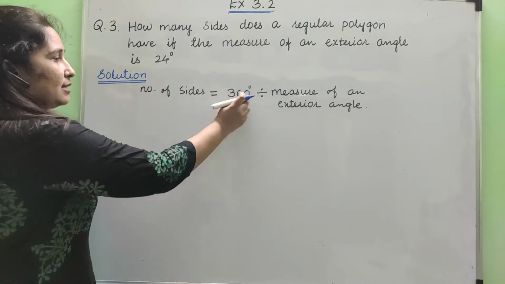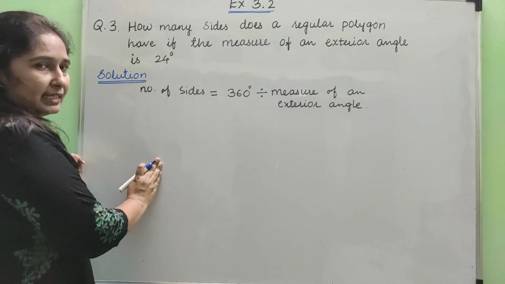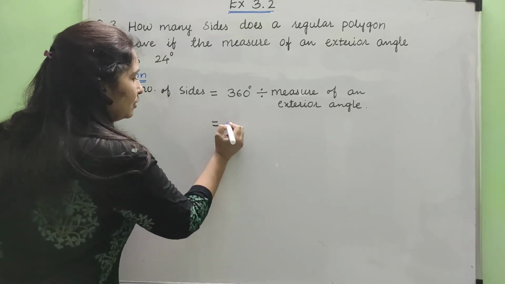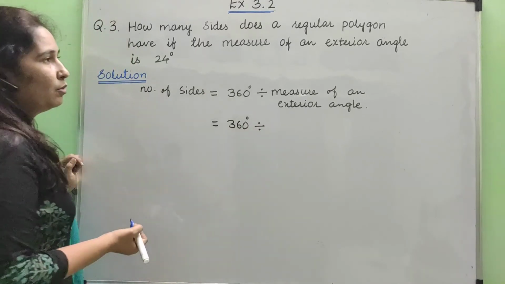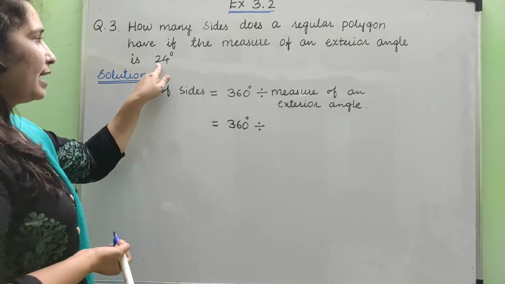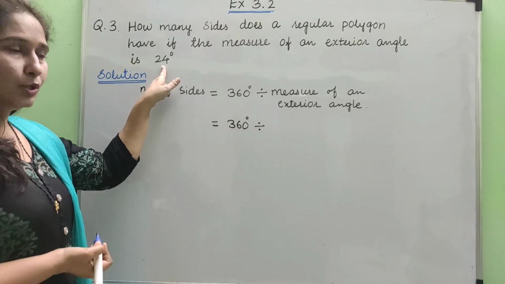So number of sides is equal to 360 degrees divided by measure of exterior angle. What is the measure of the exterior angle they have given in the question? This is 24.